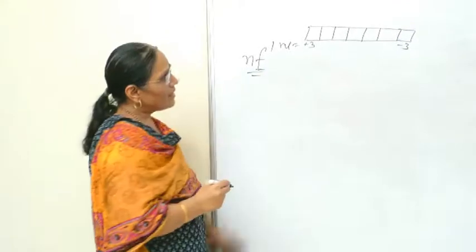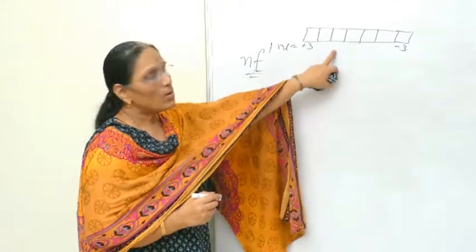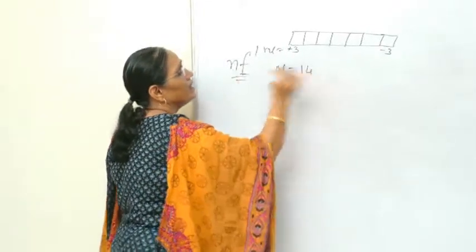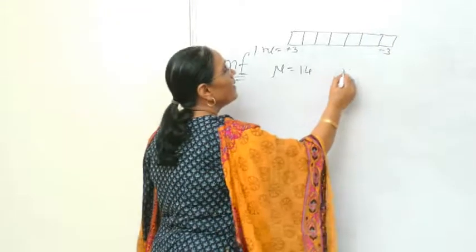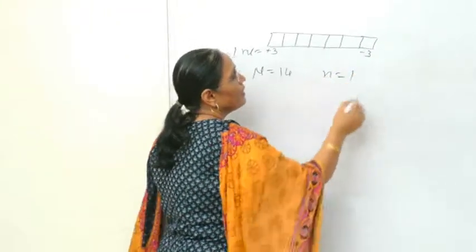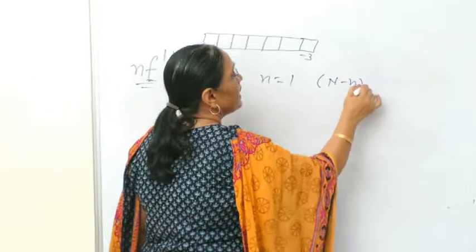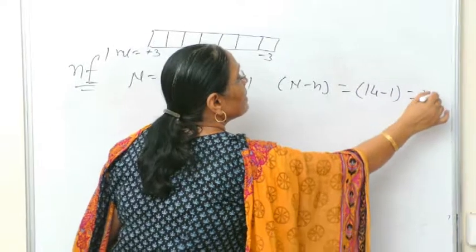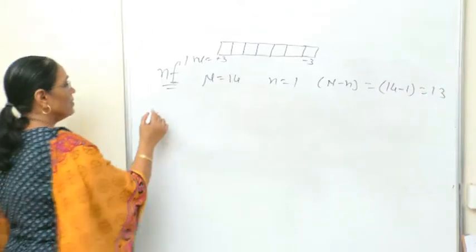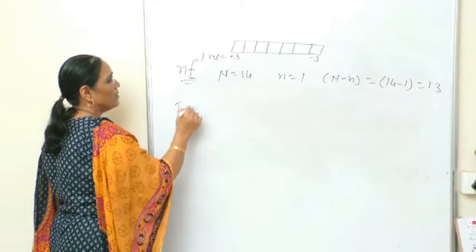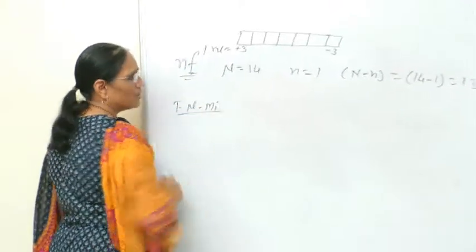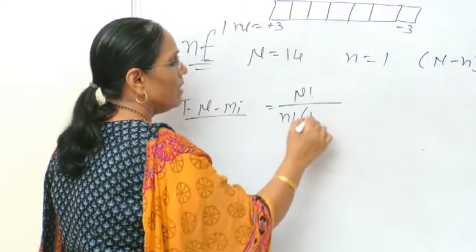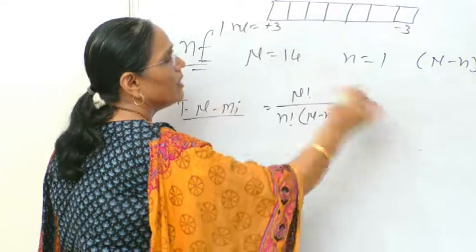So for f, as there are 7 orbitals, the total capacity is to contain 14 electrons, that is capital N is 14, small n given is 1, and N minus n will be 14 minus 1, that is 13. So for nf1, the total number of microstates will be N factorial by n factorial into (N minus n) factorial.